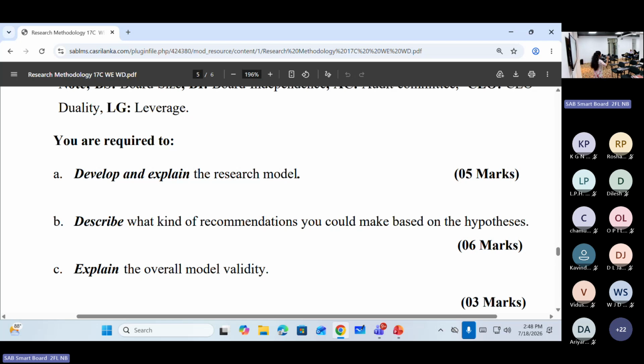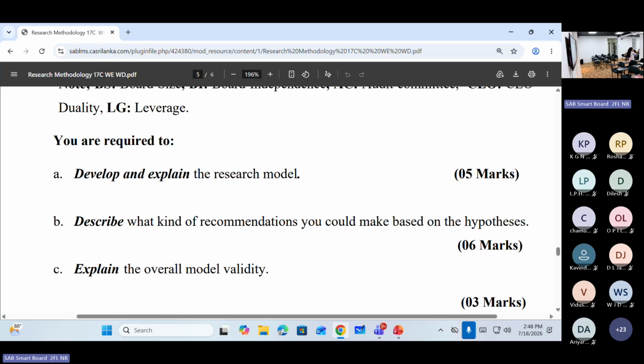Question number 5, subsection 2, answer for B. Have you heard of the research model? If your research is based on secondary or primary data, you can express your research in a formula manner.